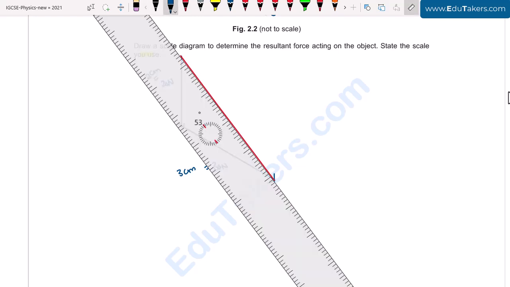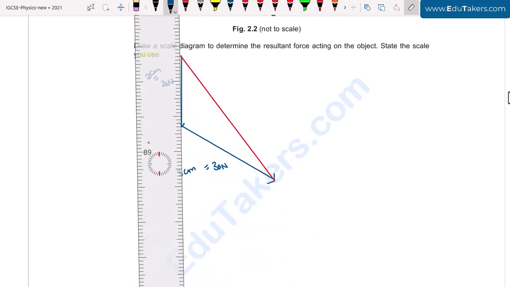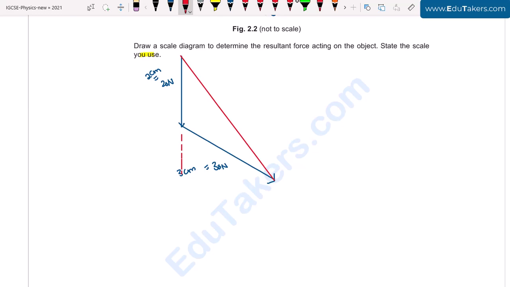So basically, this angle, if I redraw this line, this angle is basically 60 degrees. And this is the resultant vector. We have to find out the magnitude of this resultant vector. So you can easily find it by using the scale.